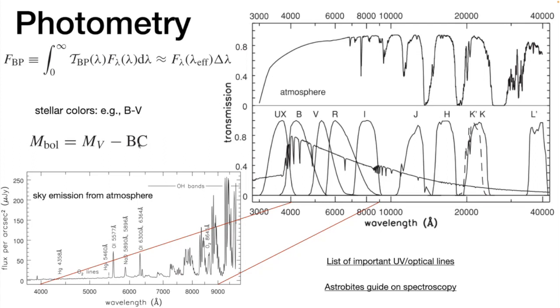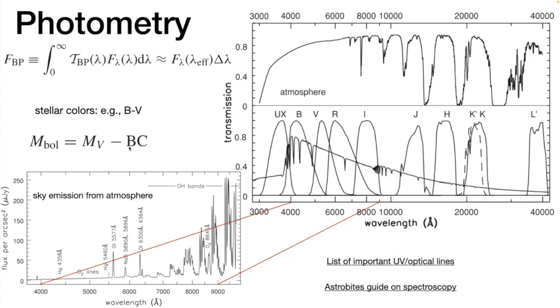Bolometric correction basically tells you that you're only observing in a narrow band, but the source is emitting across wavebands which you're not measuring. Depending on the type of star, you can calculate the bolometric correction. For example, if you're measuring this star in R band, the bolometric correction will be large because its flux peaks at a different wavelength.